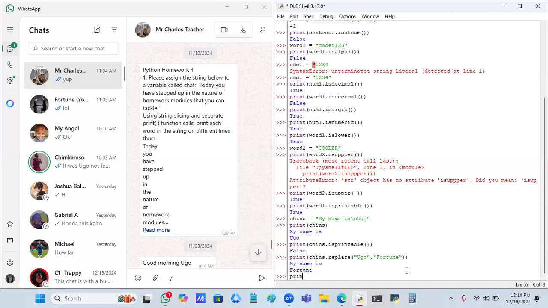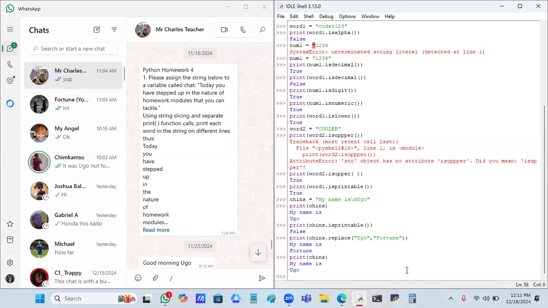Why will Ugo show when you have done replace on it? Because you haven't saved it in the variable.